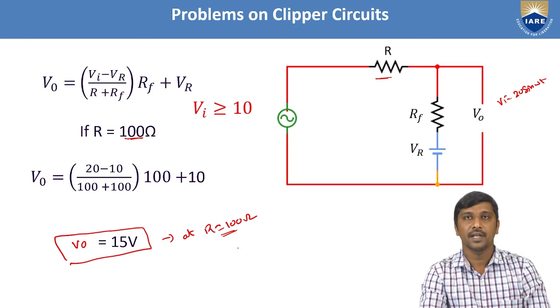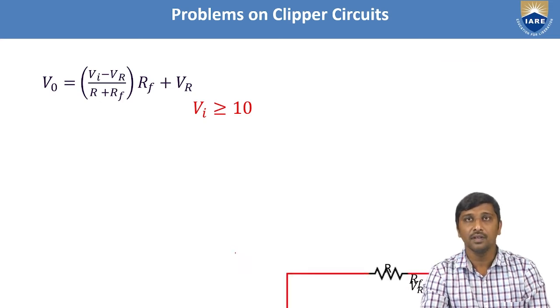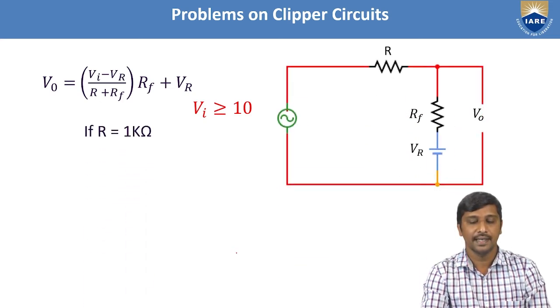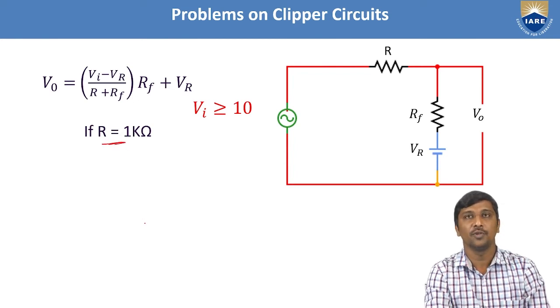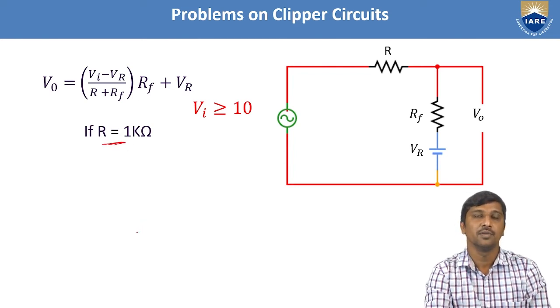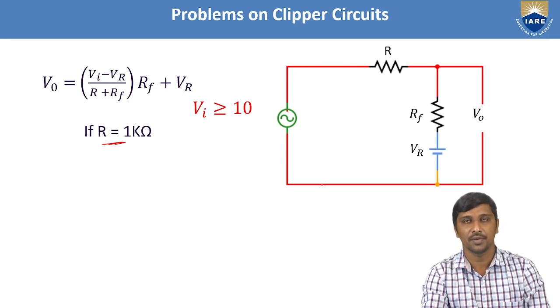Similarly, we need to calculate how much voltage drop is generated if R changes. In the second case, I assume R is equal to 1 kilo ohm. How much voltage is generated across this clipping circuit?